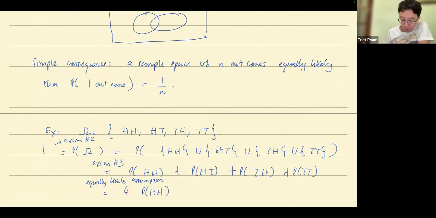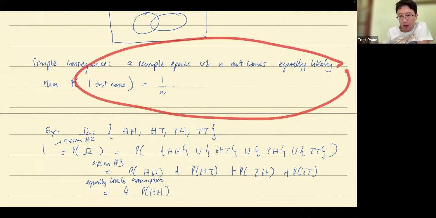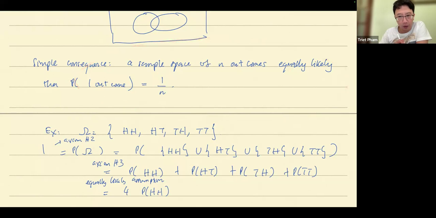The 1/2 times 1/2 makes an extra assumption that the first toss and the second toss are independent, which is nowhere encoded in this setup. In fact, independence down the road, as you'll see, is a consequence of the equally likely assumption.